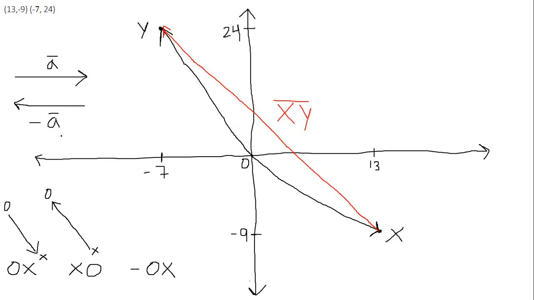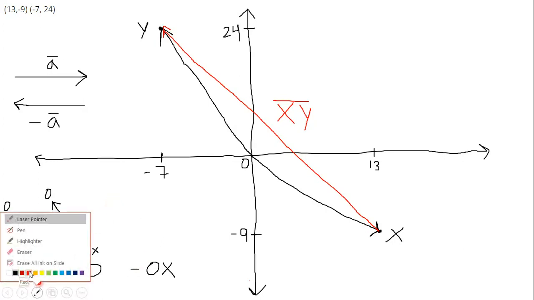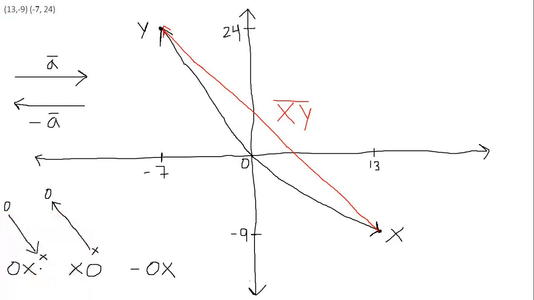With that in mind, OX is from O to X, heading in this direction. Then negative OX would be the same vector, but heading in the opposite direction.